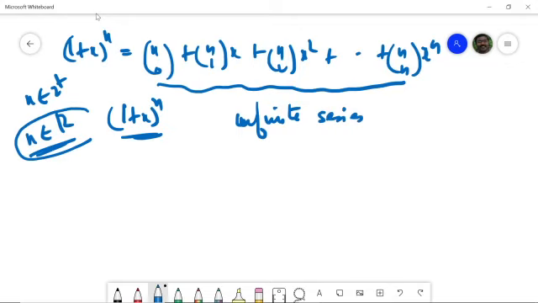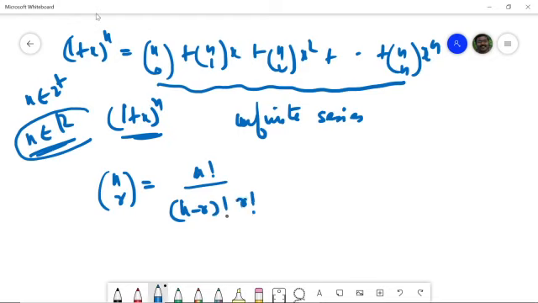First let us try to understand what we mean by nCr. For positive integers it is well defined: it is defined as n factorial divided by (n minus r) factorial into r factorial. Let us write this more explicitly. It is n into (n minus 1) into (n minus 2) into, and so on, where these terms are successively reduced.